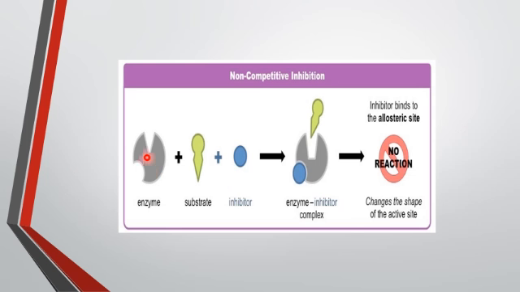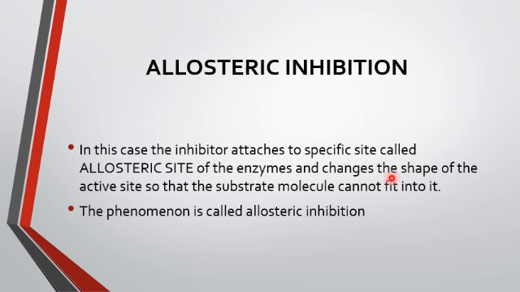Here you can see the enzyme with the active site. The substrate will bind to the active site, but the inhibitor is going to bind at a site other than the active site to form an enzyme-inhibitor complex, and no reaction will take place; metabolically the reaction is going to be stopped. The next is allosteric inhibition.